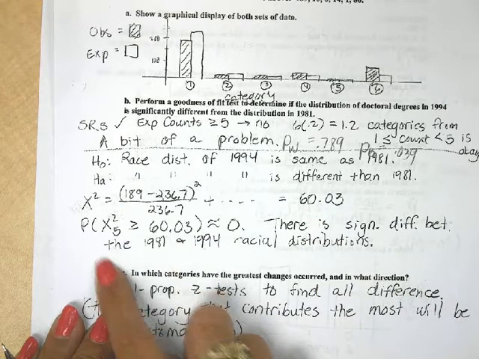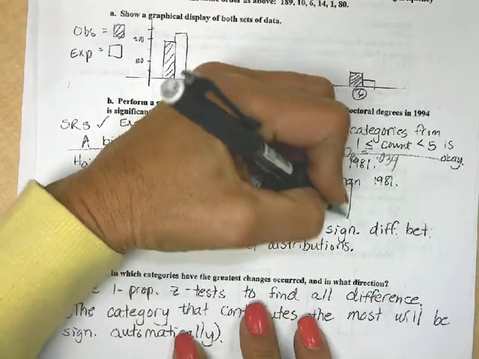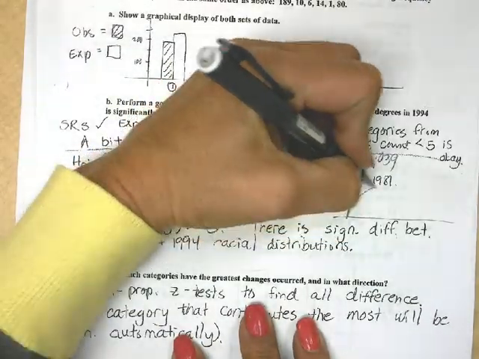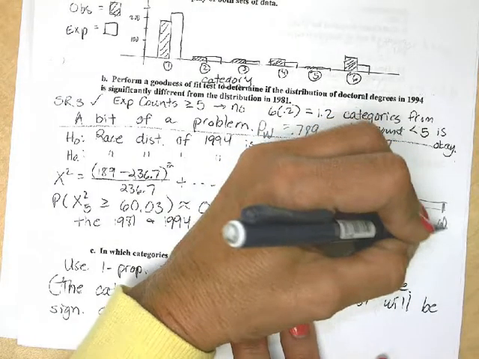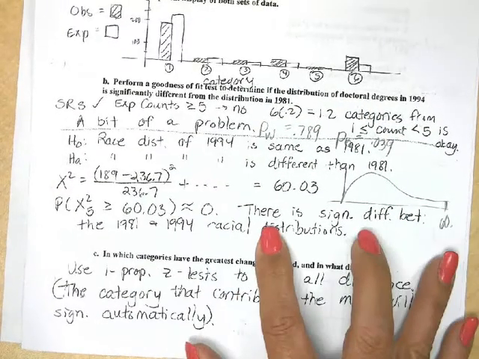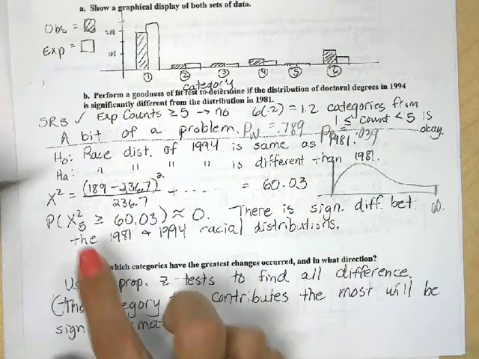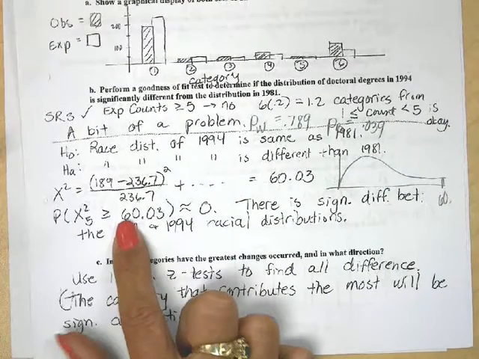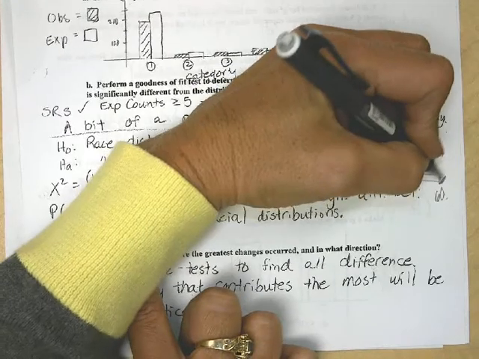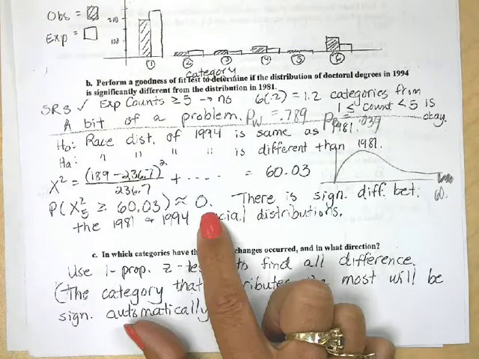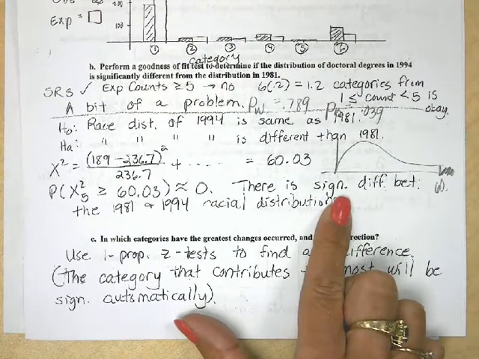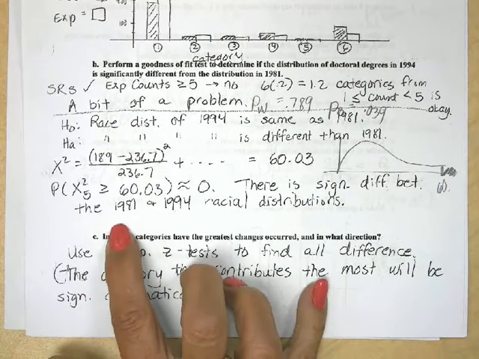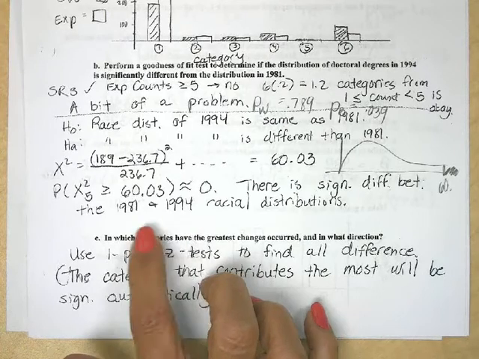Once again, the distribution of chi-squared is always skewed to the right, and that 60 is going to be way, way up there. If we use our chi-squared CDF button to determine the p-value, the area under the density curve, it's going to be very, very close to 0. So we definitely know that there's a significant difference between the 1981 and the 1994 racial distributions for these PhD people.